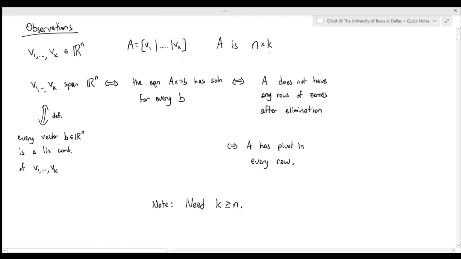So if k were smaller than n, then you could only have at most k pivots, so you wouldn't be able to have a pivot in all n of the rows. Okay. So if you have k vectors in Rn, for them to span Rn, you do need k to be at least as large as n in order for them to possibly span, okay?